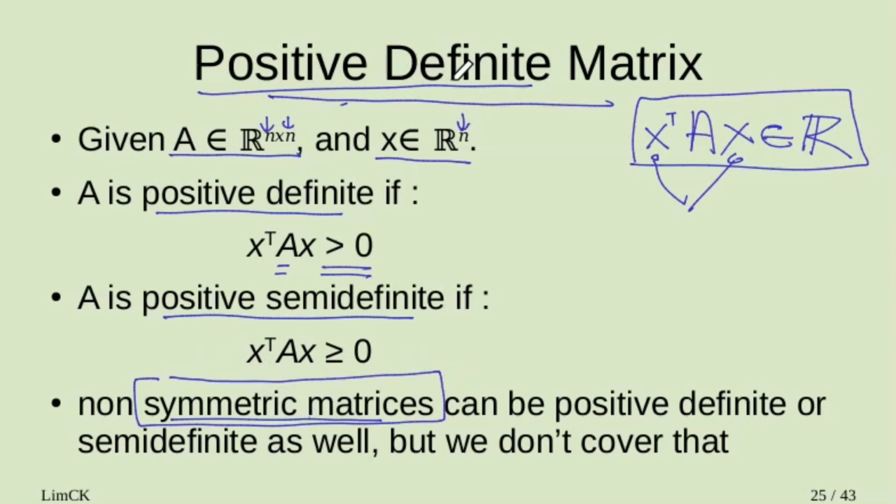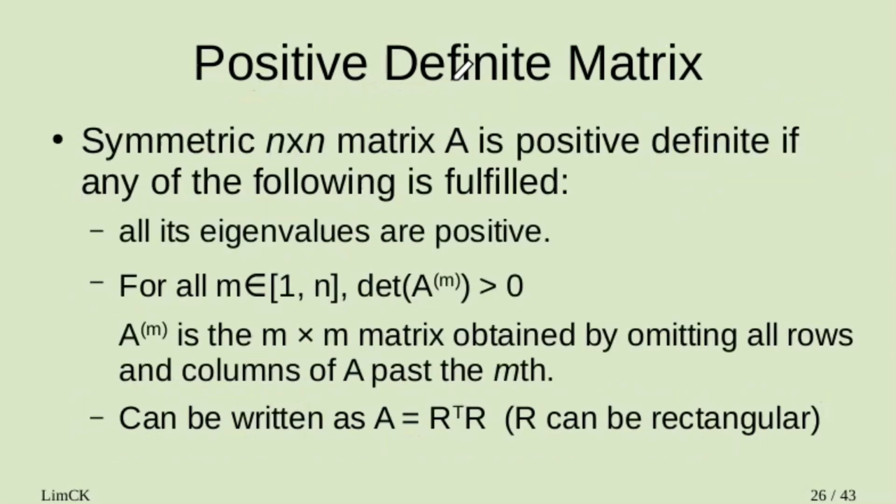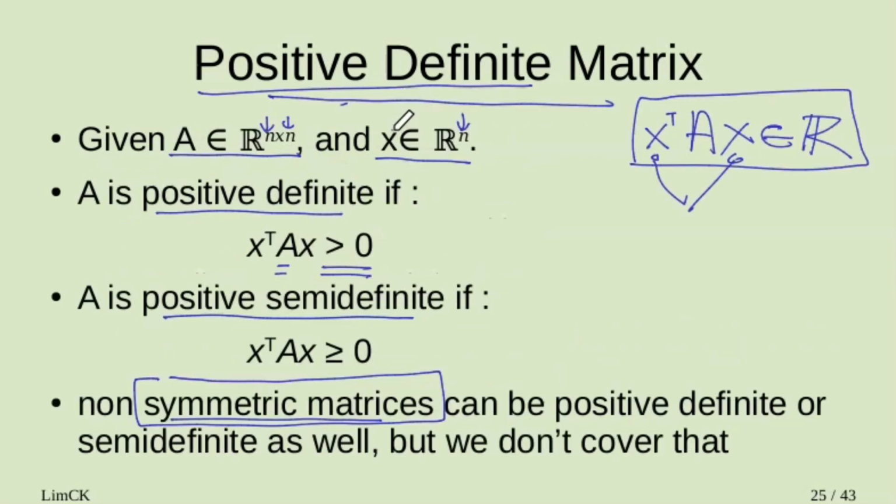For a symmetric matrix with dimension n times n, how do we know whether it is positive definite or not? Are we going to try all the possible x? No way, right? We can't finish because there are unlimited versions of x.